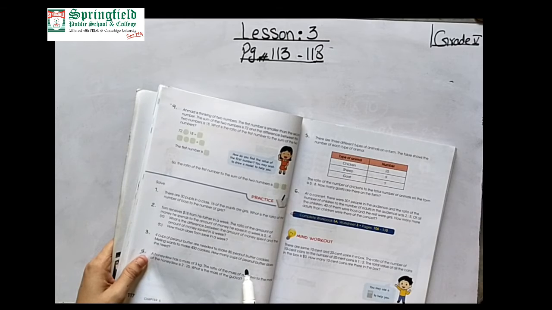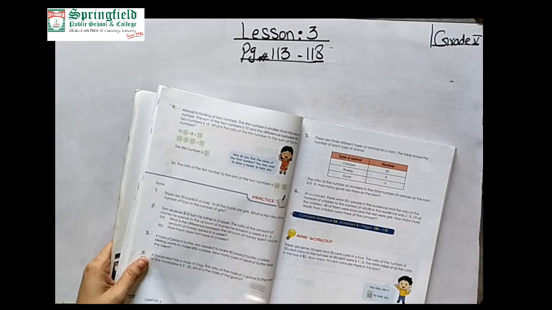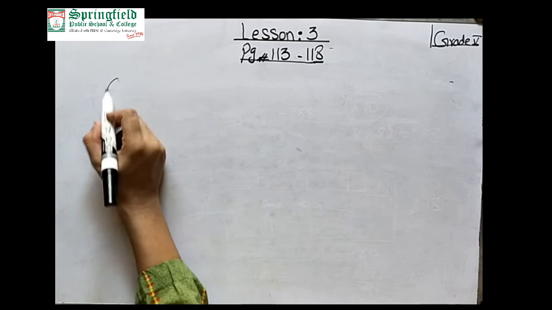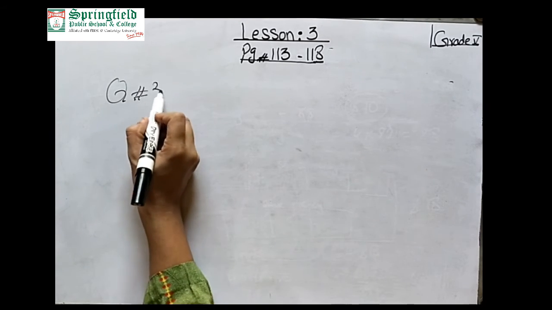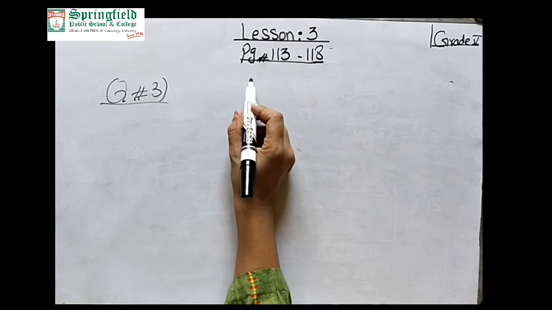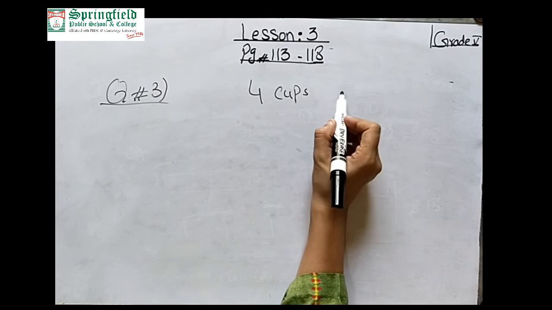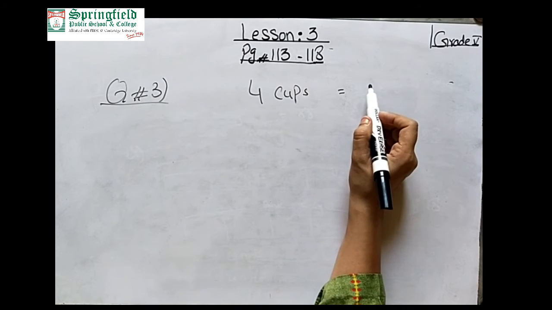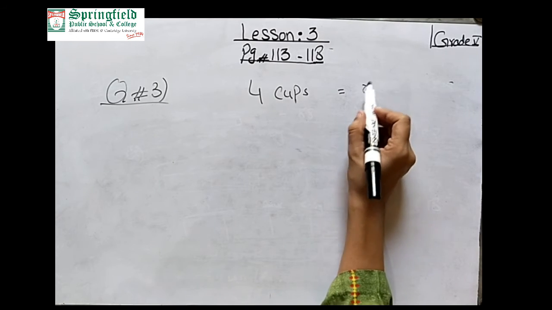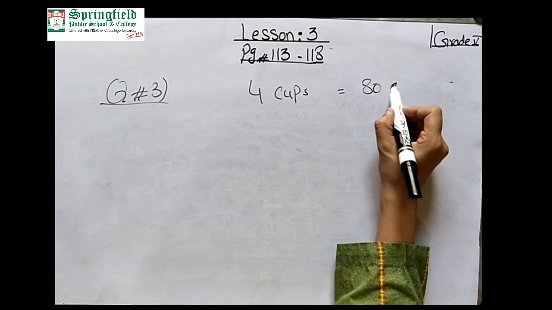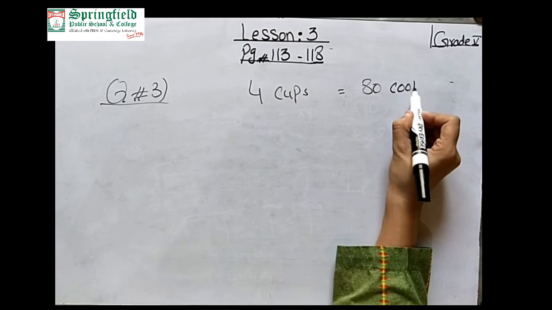How many cups of peanut butter does she need? In 4 cups, Millie can make 80 cookies.